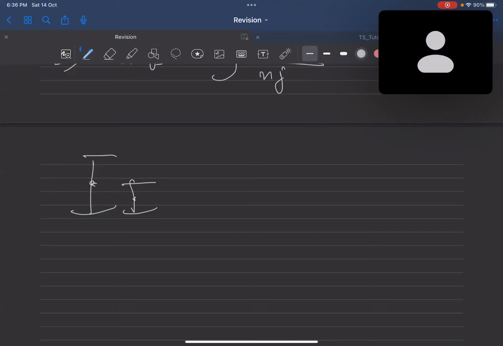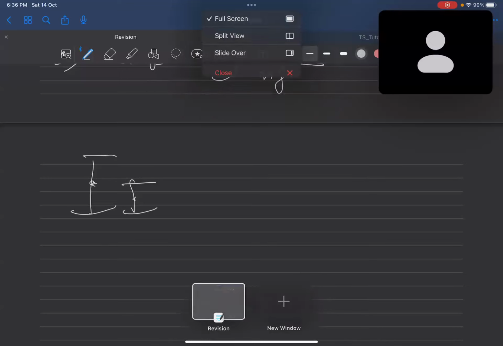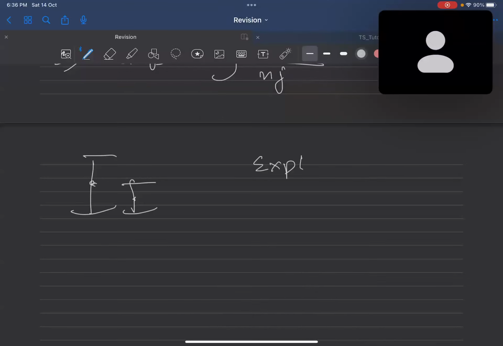Basically, UCB is managing the uncertainty by adding the confidence bound, and TS is managing the uncertainty by maintaining the probability distribution. Okay, one more question I want to ask. If I talk about the exploration, is exploration deterministic in UCB?